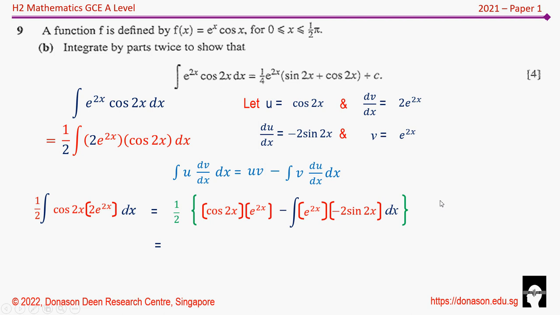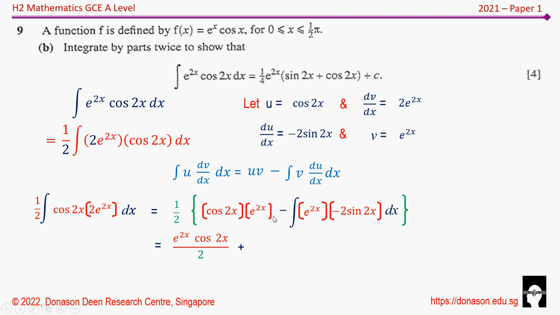So we have already substituted, and let us now distribute the half and do a little bit of tidying up. Half times cos 2x e to the power of 2x would simply be e to the power of 2x times cosine 2x divided by 2. So I have distributed the half for the first term. Now let's take the half and put it in for the second term with the integration symbol. Before that, we can see there is a minus sign in front of the integral, and there's also a negative sign inside.